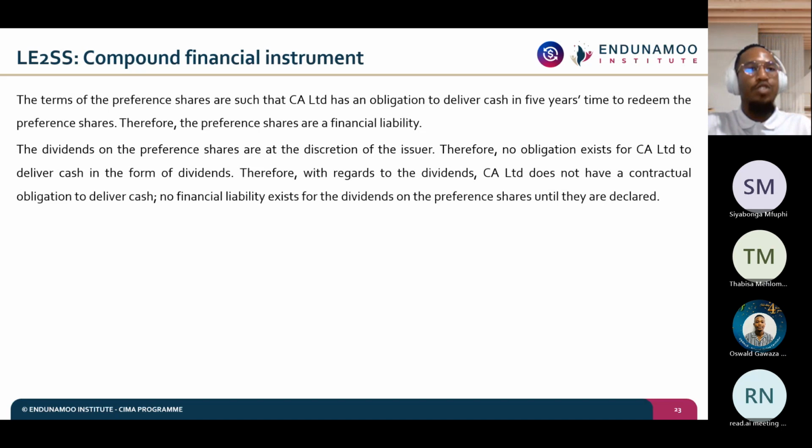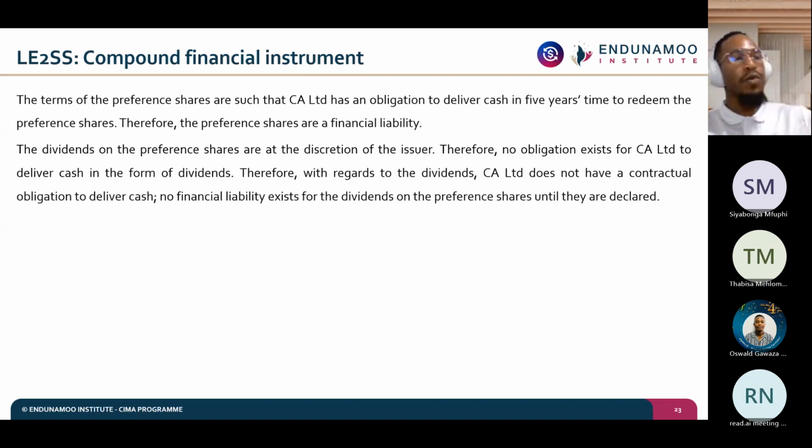All right, so let's assume you are CA Limited for a second. If you declare the dividend, what you would do is you would announce to the market and the shareholders that CA Limited has performed quite well this year. And because they performed quite well, they would like to give a return to holders of shares, starting with preference shareholders.